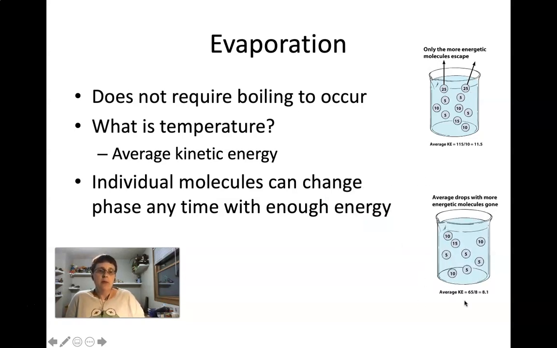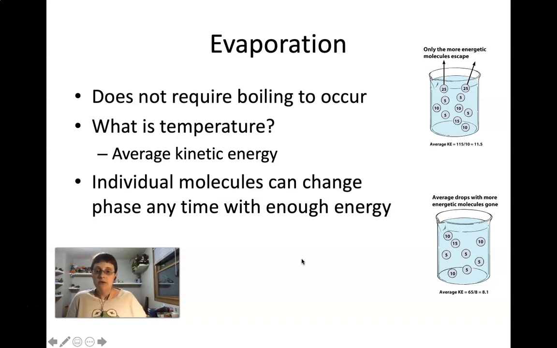When they escape, that drops the average kinetic energy to 8, and no more molecules will escape until they gain enough kinetic energy to do so. So this is why evaporation is a slow process. If you've ever noticed that, it takes a long period of time.